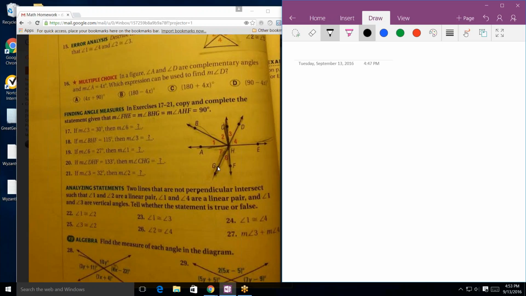It's a little more complicated, this one. How would I prove that, though? If 6 is 27, what is... I know how. Okay. I know how.